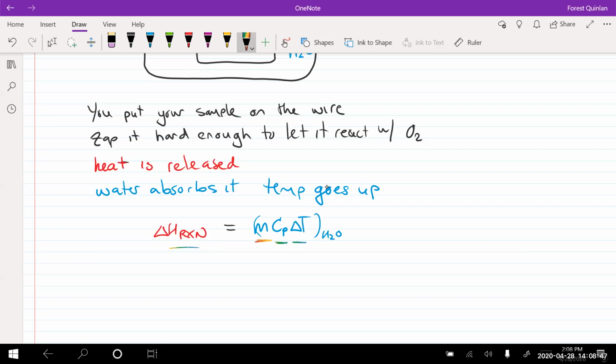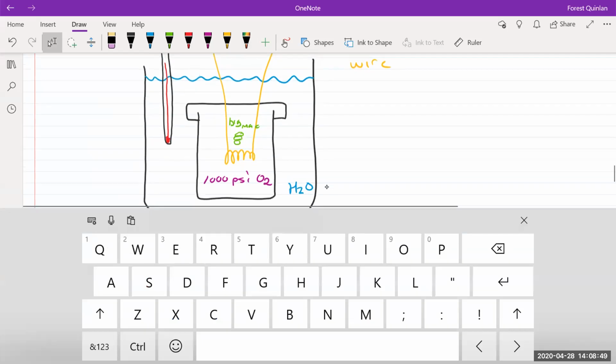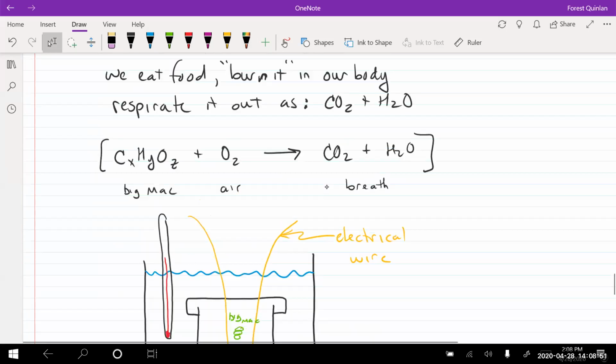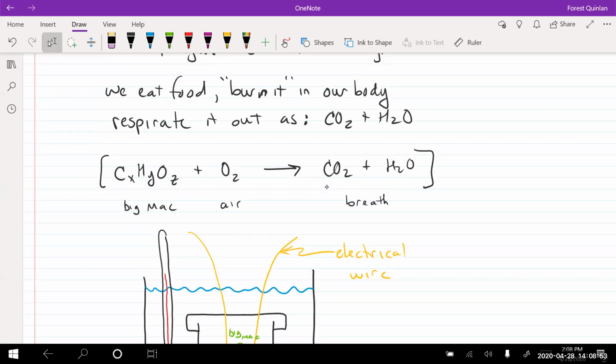Okay, if we know how much the reaction is giving off, here's the reaction, right? We already know these numbers right here, which means if we know the reaction, then we know our Big Mac.